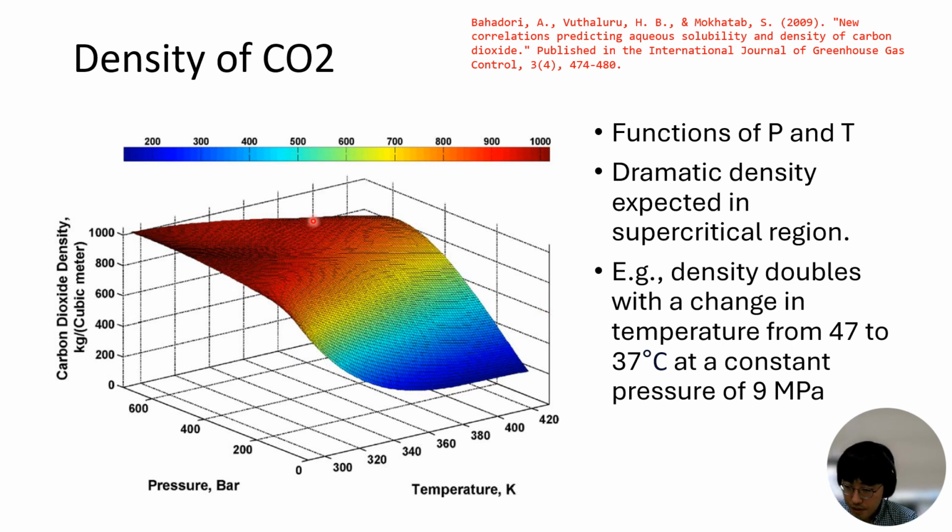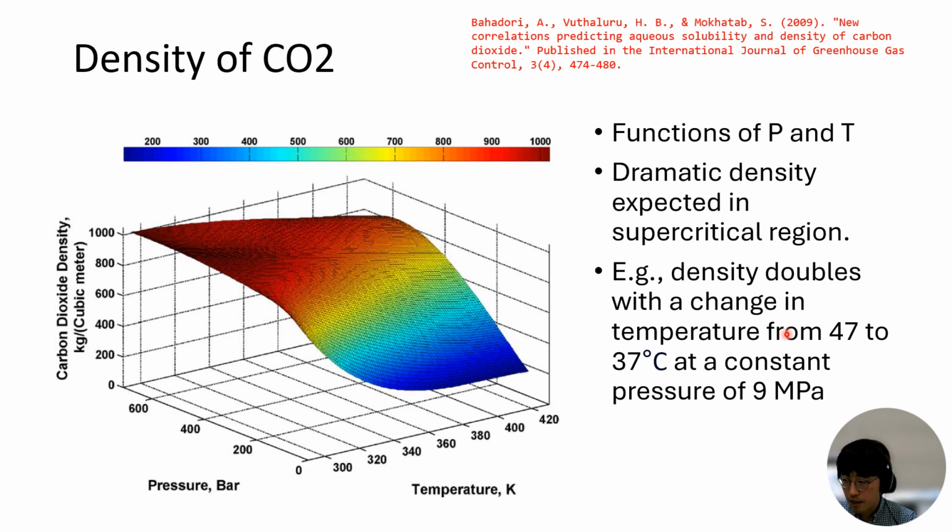I assume the entire region shown here belongs to the supercritical state. As an example, if the temperature decreases from 47 Celsius to 37 Celsius, then the density will simply double.